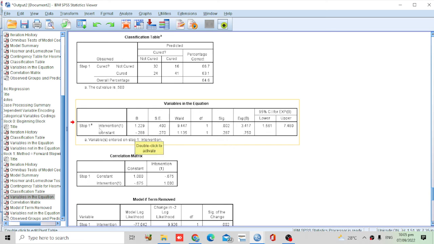So definitely our final model has only one independent variable, which is interventions.